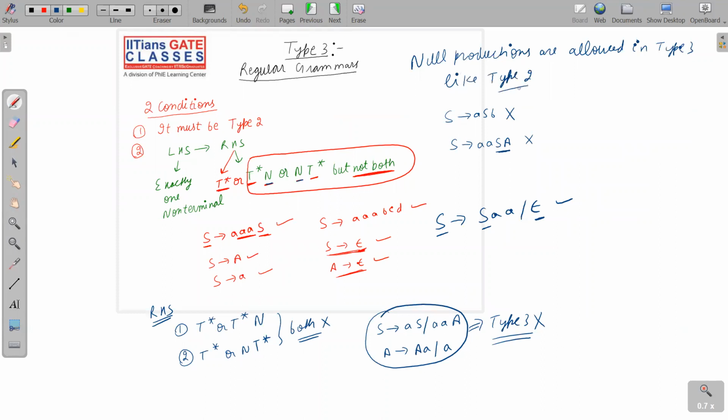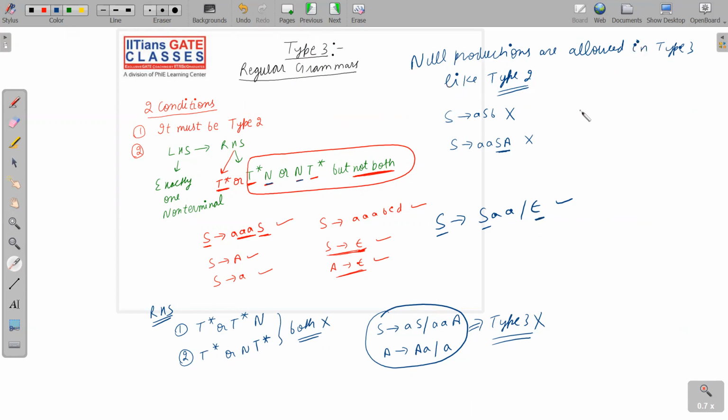Why is this allowed? Because for type 2 grammars we have an algorithm for removing null productions. Since every type 3 is also type 2, that algorithm will also run on type 3, so we can remove null productions from a type 3 grammar also.